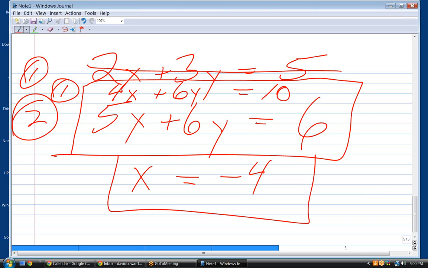Equation 2 minus equation 1 gives you x equals minus 4. And then again, you still have to go back into one of these original equations, actually any of the 3 equations you see, substitute minus 4 for x, and then solve for y.